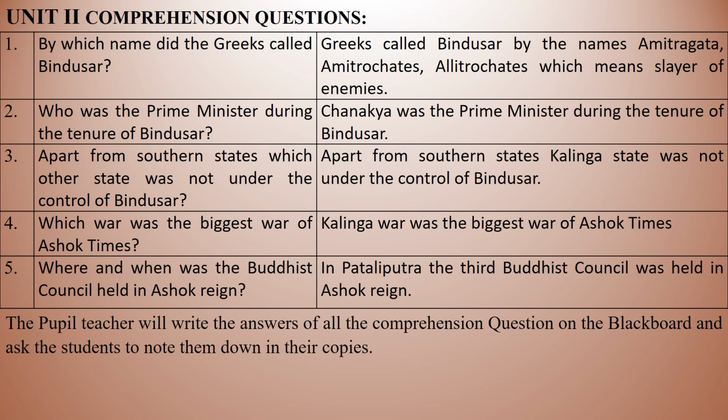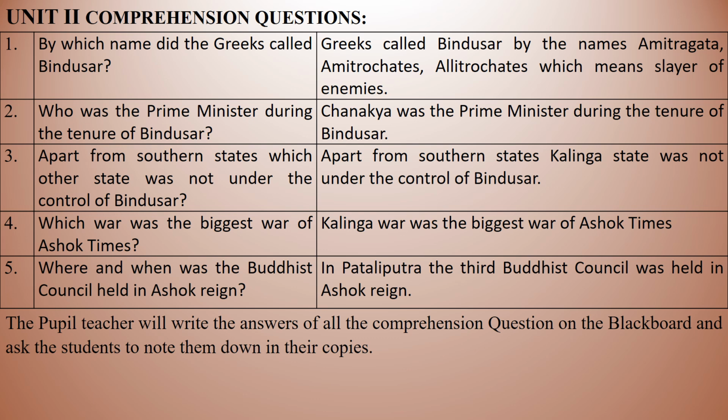The students will answer that the Kalinga War was the biggest war of Ashoka's time. The last question, where and when was the Buddhist council held in Ashoka's reign? The students will answer that in Pataliputra, the third Buddhist council was held in Ashoka's reign.